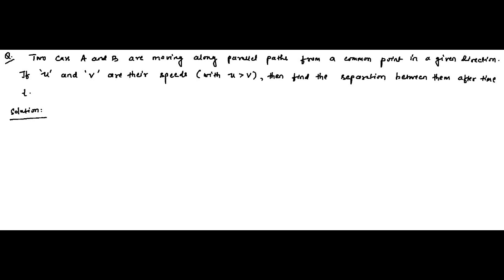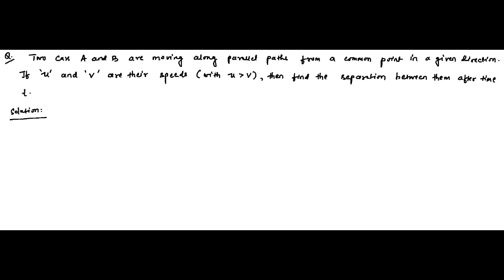So here is another question. It has been given that two cars A and B are moving along parallel paths from a common point in a given direction. If u and v are their speeds or velocities, because they are traveling in the same direction in a straight line, it will not be wrong to say u and v are their velocities.